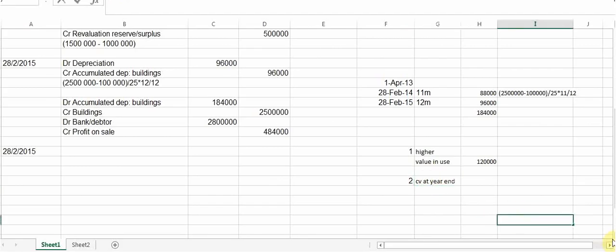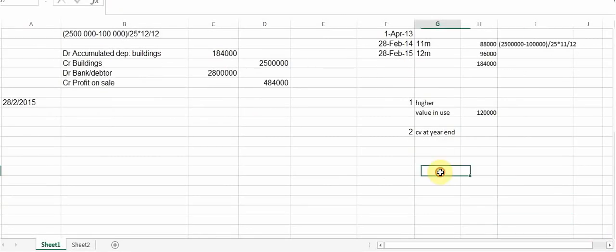So here we need to go and see what is the cost, what is the accumulated depreciation, what's the carry value at the beginning of the year, what is the current depreciation, what is the carry value at year end. Right, so the cost price is easy. That was given to us as 650,000.